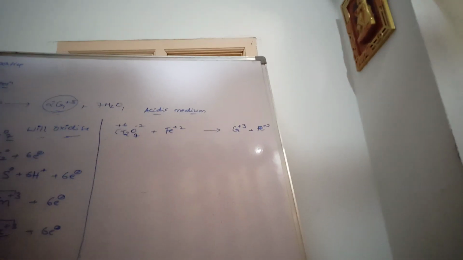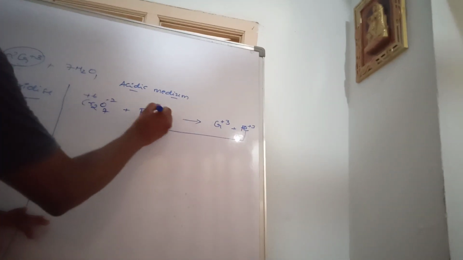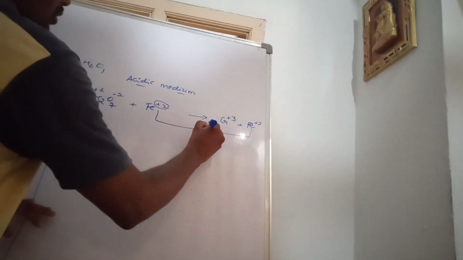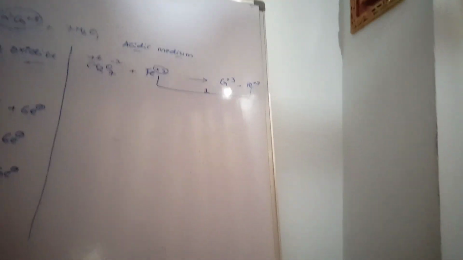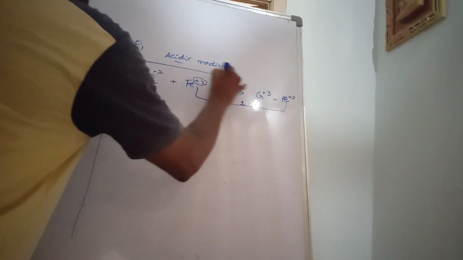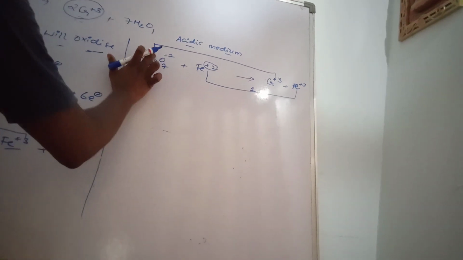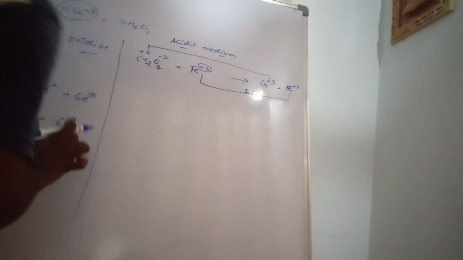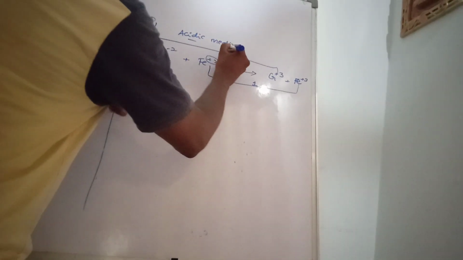Okay, see. Here Fe power plus 2, here Fe power plus 3, the difference is 1. Next, here plus 6, here plus 3, the difference is 3.